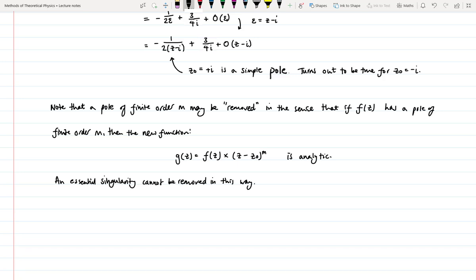A useful trick to identify poles of functions without expanding in a Laurent series, I'll say that a way of identifying a pole of f of z without its Laurent expansion is to examine the following expression.